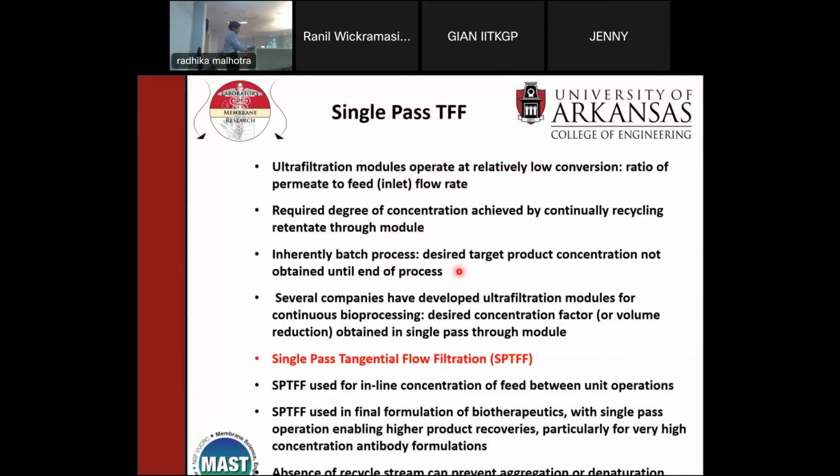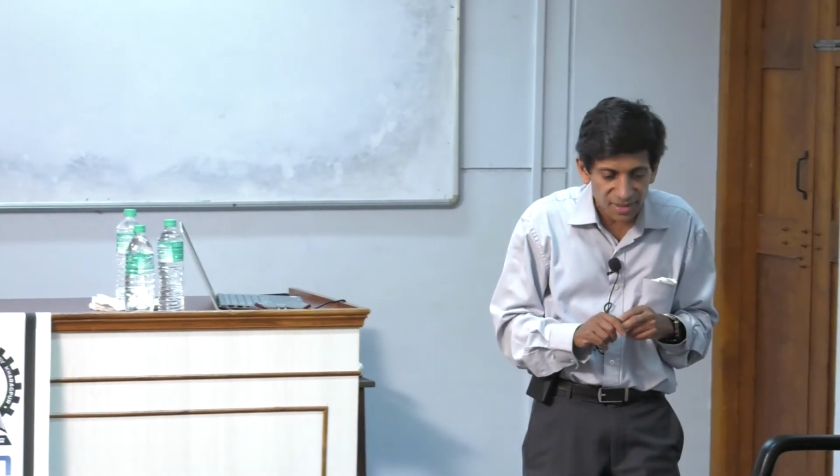It's inherently a batch process, with desired target product concentration not obtained until the end of the process. That's important. So, in a continuous process, something runs through the operation and you're continually producing product. In ultrafiltration, that's not true because even though you're continually recycling, the final product is only at the end of the process. Before that, you don't have the right concentration, right? So it's not a continuous process in that sense.